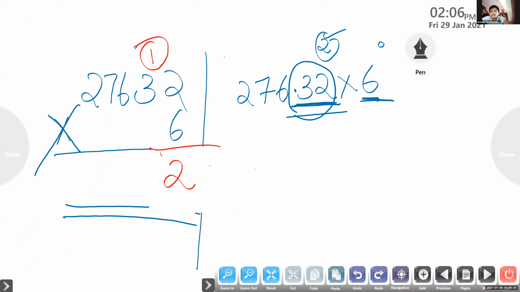And 6 3s are 18. 18 plus 1, 19. 1 carryover. 6 6s are 36, and 36 plus 1, 37. 7, 3. Yes. 1 into 6, 6. 6 plus 3, 9.